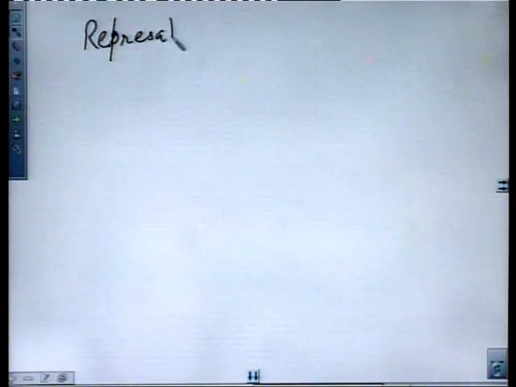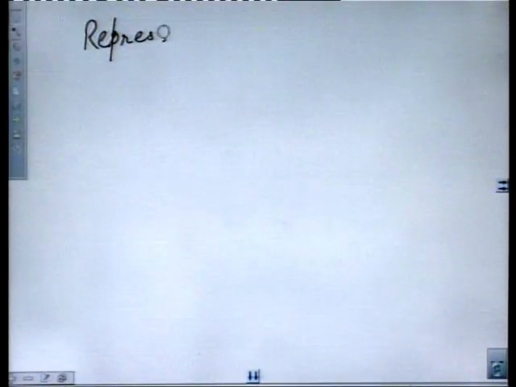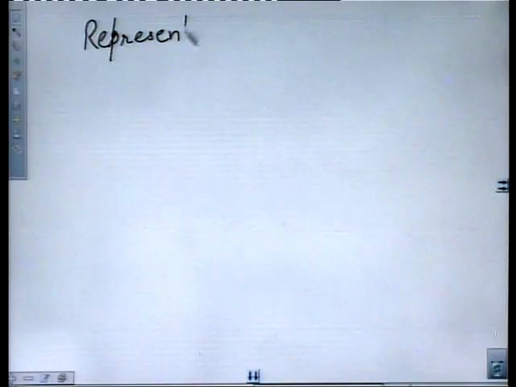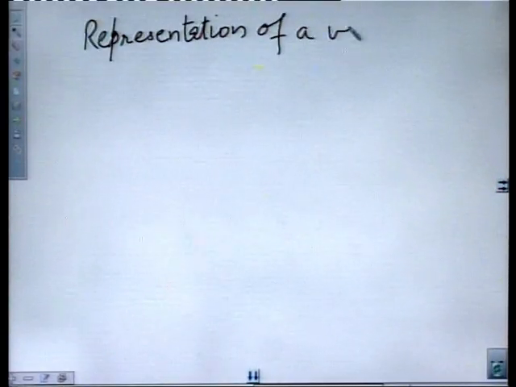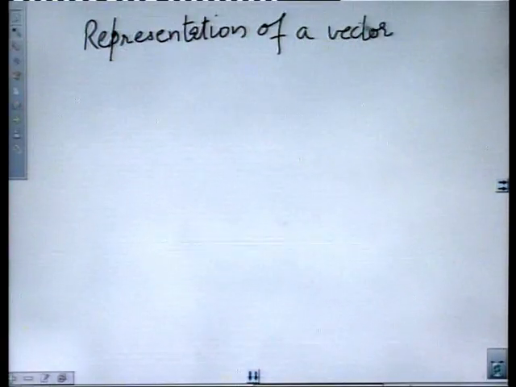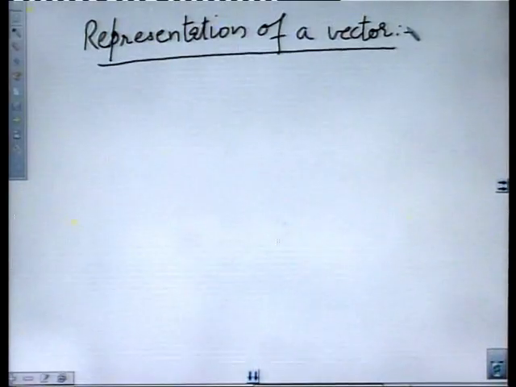Now we will see how a vector quantity is represented. Representation of a vector. How can a vector quantity be represented?